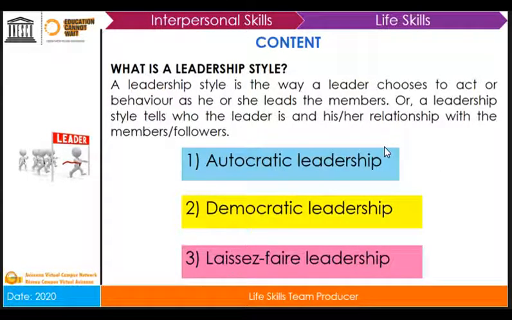Put differently, leadership styles tell us who the leader is and his or her relationship with the members or followers.